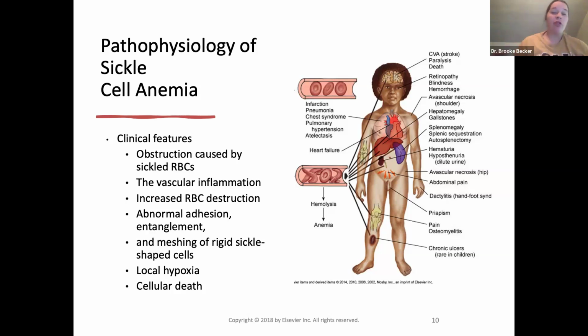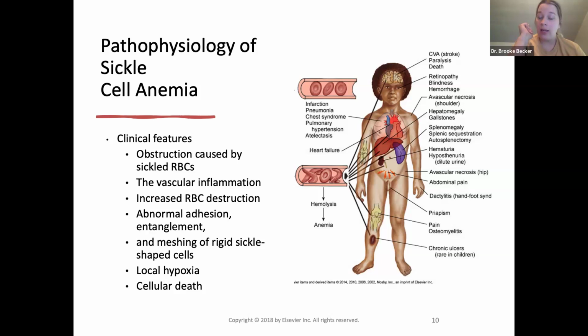Now, anything after that obstruction is at risk for hypoxia and cellular death. So if this sickled vasculature obstruction is happening within the brain, then that area of the brain after that obstruction is no longer getting the oxygen that it needs to function.